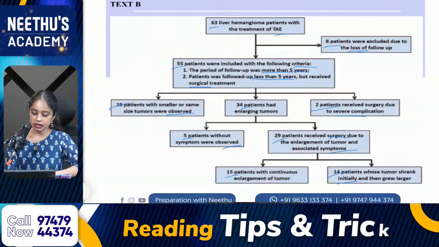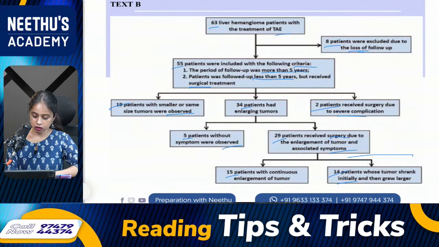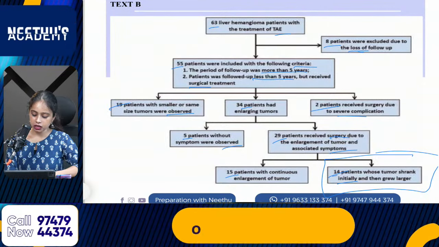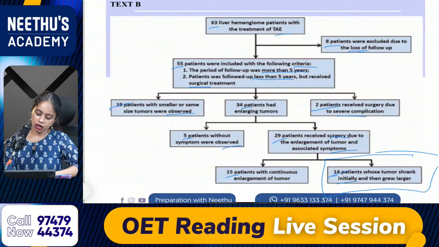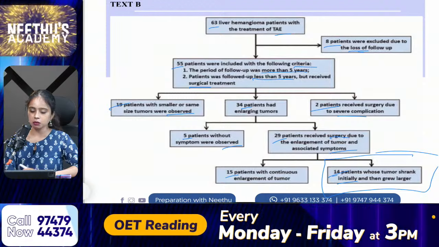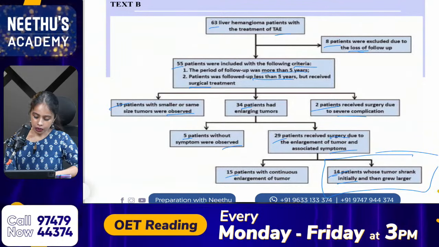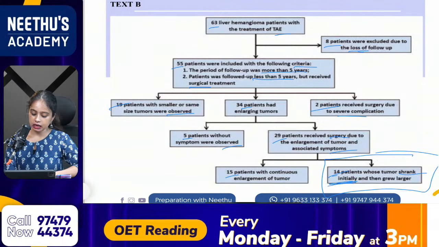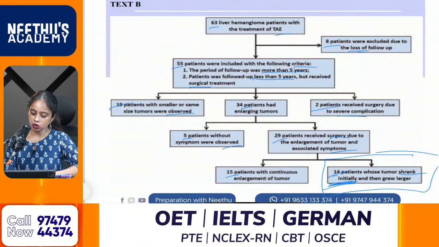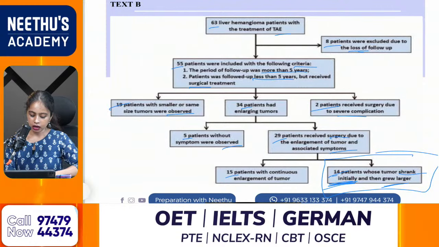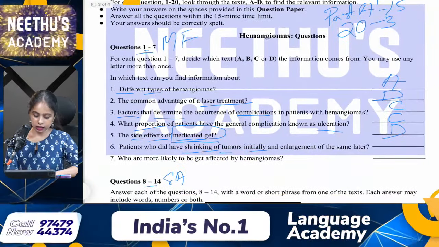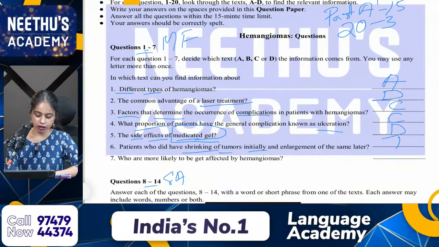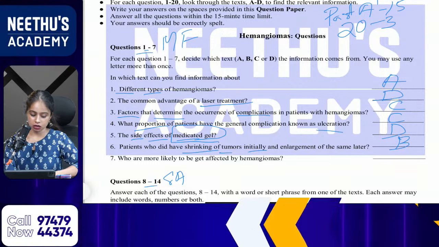Here, see the last box: 14 patients whose tumor shrank initially. So those are keywords. Instead of shrinking, they have mentioned the past tense, shrank. And initially is another word. And then grew larger. So what is the answer? It is from text B. Yes, very good. From the chart. Yes, Reba, it is from the chart.